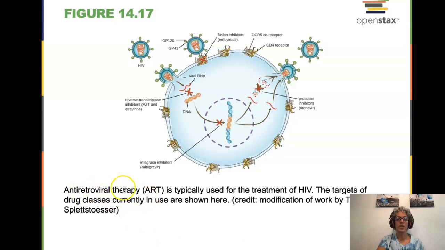There's also something called antiretroviral therapy. If you think way back to our chapter on acellular pathogens and viruses, we talked a little bit about retroviruses. Those are viruses that have an RNA genome and use reverse transcriptase, delivered by the virus, to make a DNA copy of the viral RNA genome, and then that viral DNA gets into our cells and sticks into our DNA.